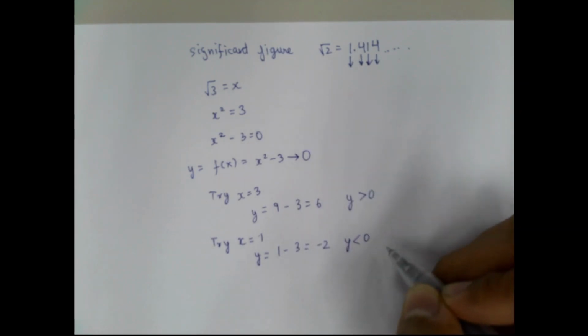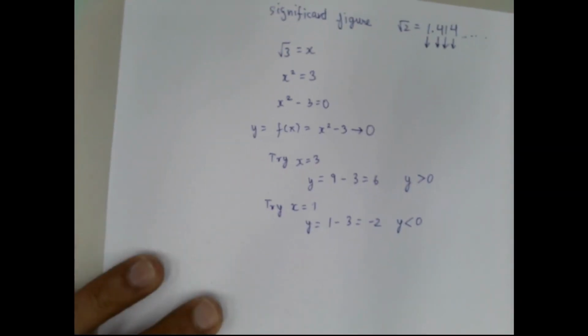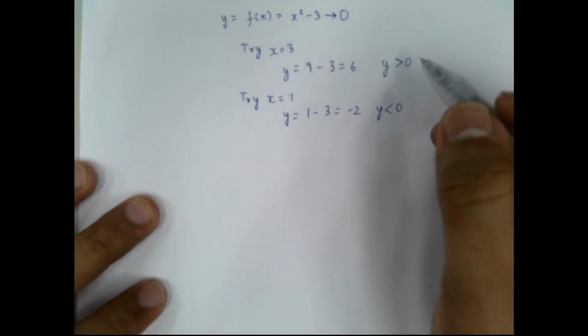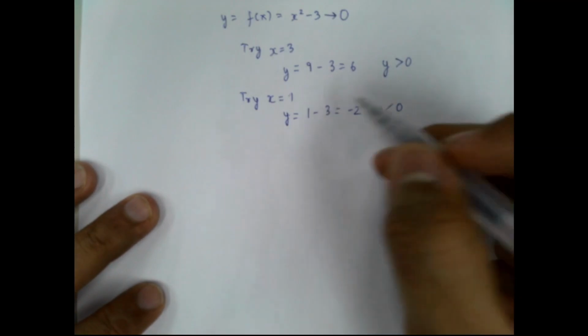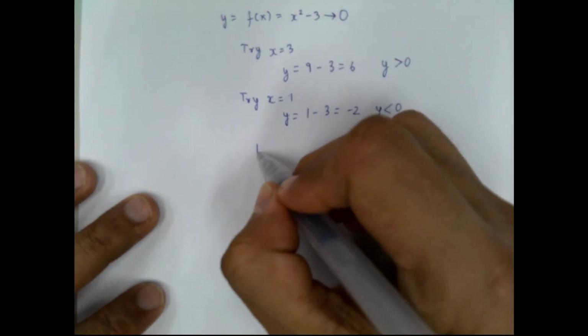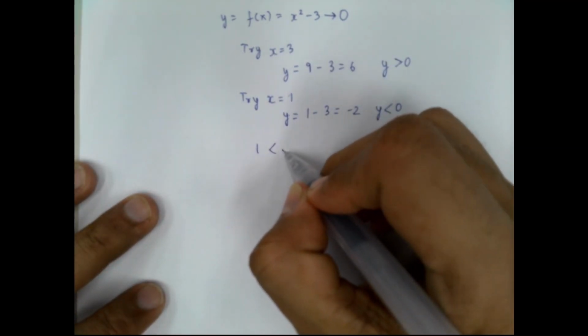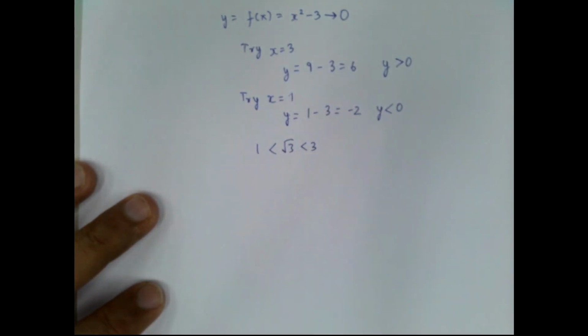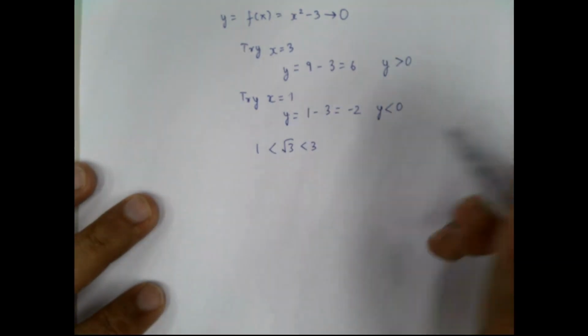And y is less than 0 in this case. So we can say that the value of x will lie somewhere between 1 and 3. So the value of root 3 is somewhere between 1 and 3.